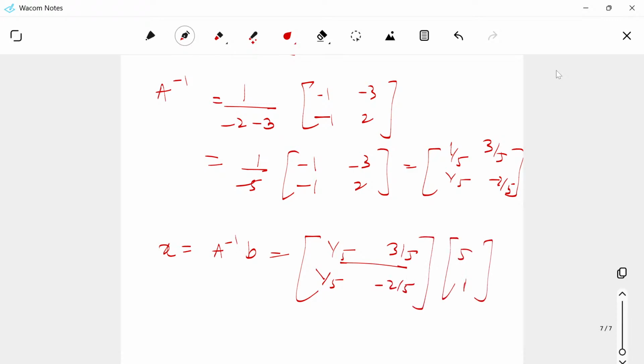If you solve this, you will get 1 over 5 into 5 plus 3 over 5 into 1, so 1 plus 1, so that would be equal to (2, 0).